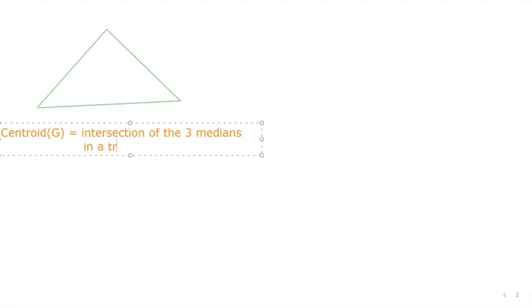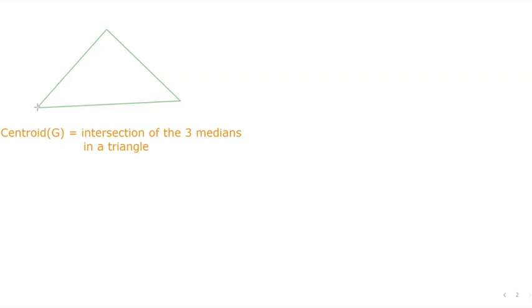Any triangle. It can be right angled, it can be scalene, isosceles, anything, any triangle in any shape and form. The meeting point of the three medians gives you the centroid.